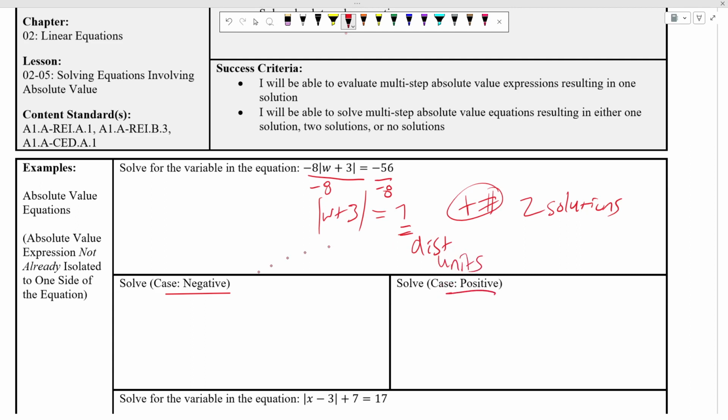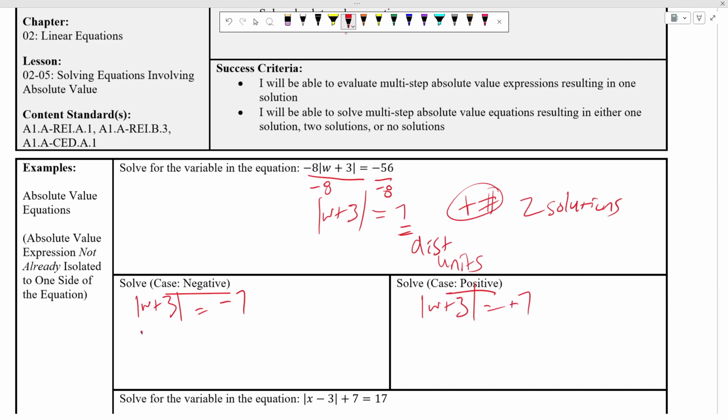So let's say that w plus 3 is negative 7 distance units, and we can say that w plus 3 equals positive 7 distance units.